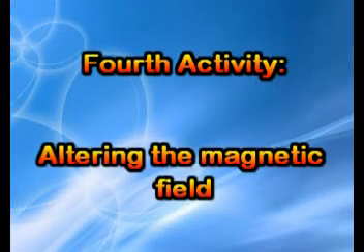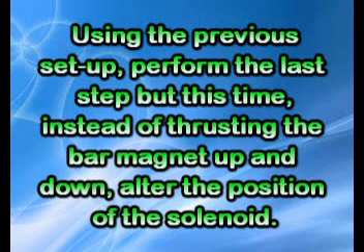Fourth activity, altering the magnetic field. Using the previous setup, perform the last step, but this time, instead of thrusting the bar magnet up and down, alter the position of the solenoid.